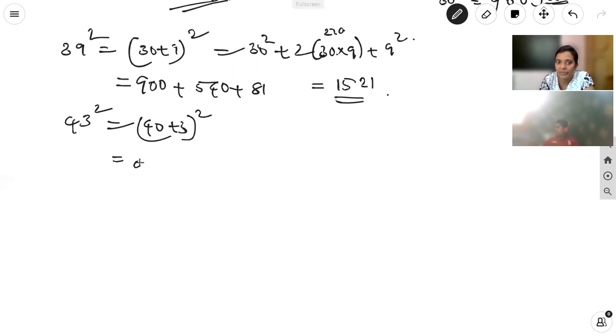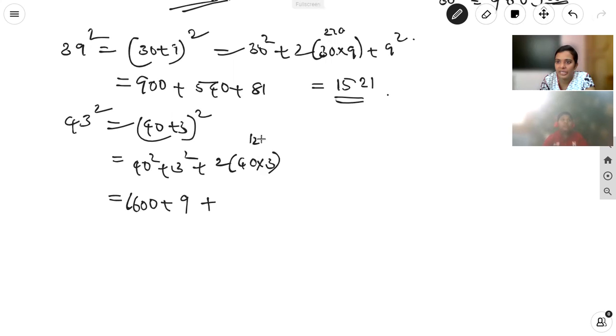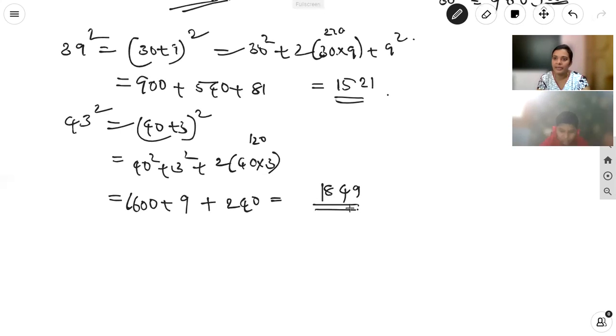So here, 40 square plus 3 square plus 2 into 40 into 3. 40 square is 1600. 3 threes are 9, plus 40 times 3 is 120, into 2 is 240. That gives 1849. This is the way we can find the squares of any number: just take the nearest tens plus that number.